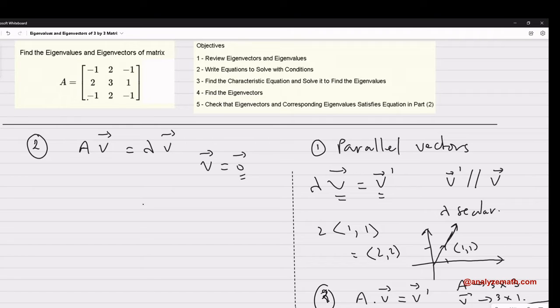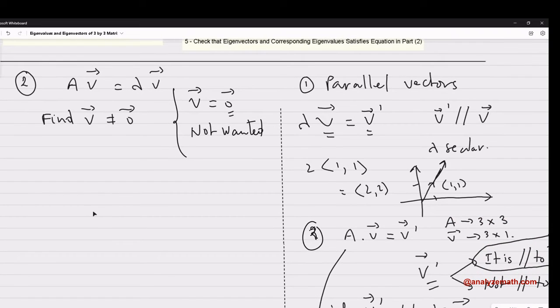This is the 0 vector. It's an obvious solution, but we don't want it. We want to find v that is not equal to the 0 vector.